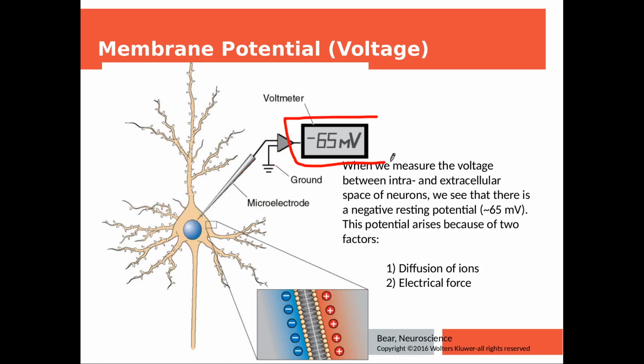This is called resting potential, or membrane potential, because it's the voltage felt across the membrane. Here's a zoomed in picture where we can see the potential across the membrane. It's called resting because the cell is not doing anything in particular when we measure it.